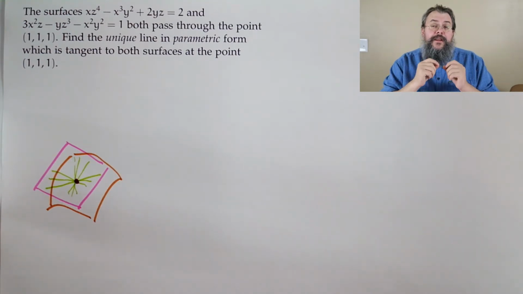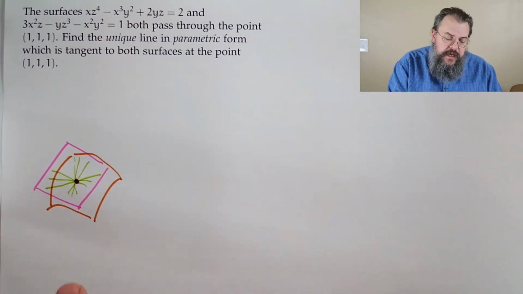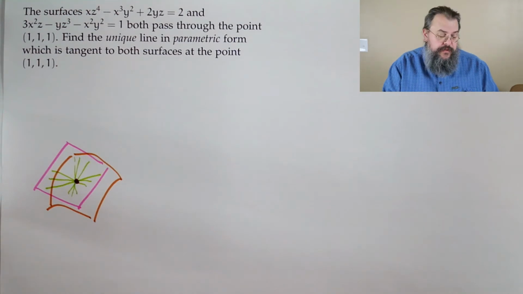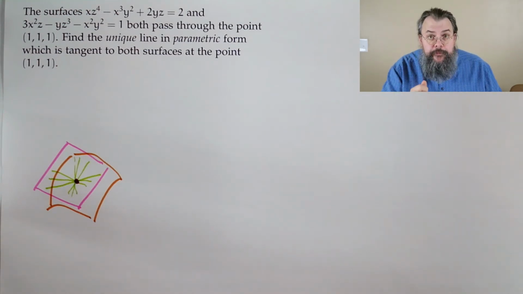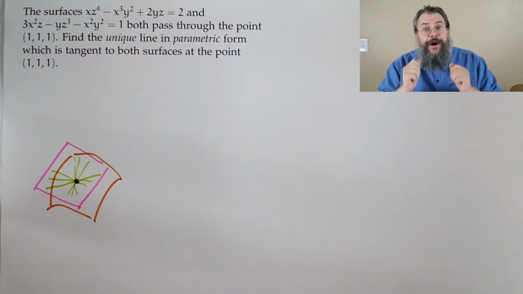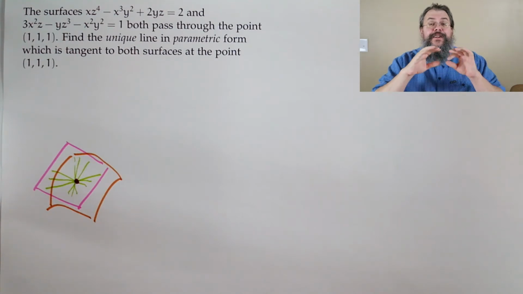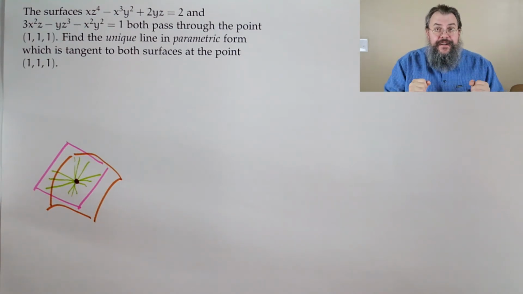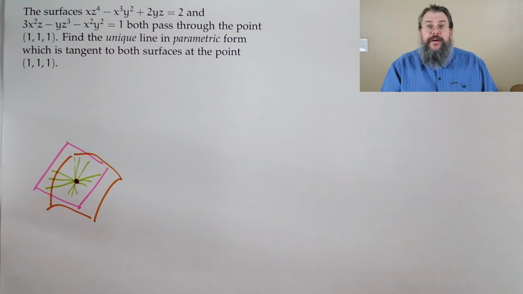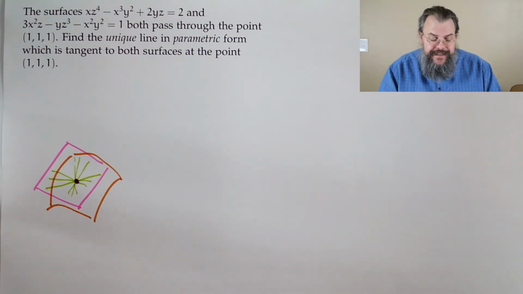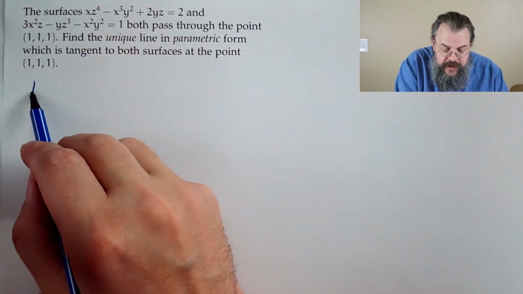So we say, okay. So what's the idea? Well, we know that the line we want will be in the tangent plane to the first surface, but it will also be in the tangent plane to the second surface. So we have our great aha. And here's our great aha.